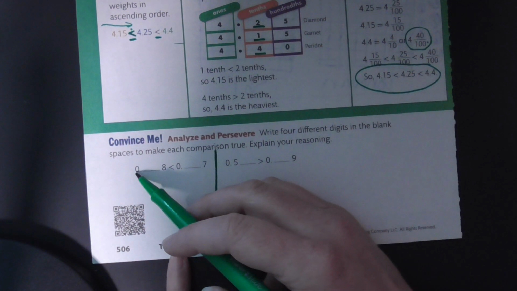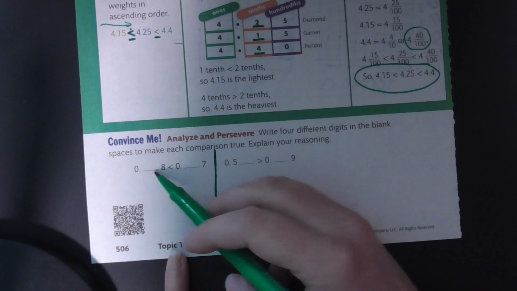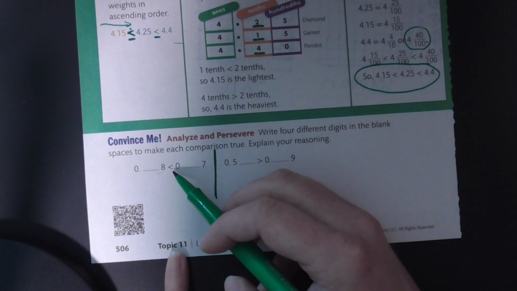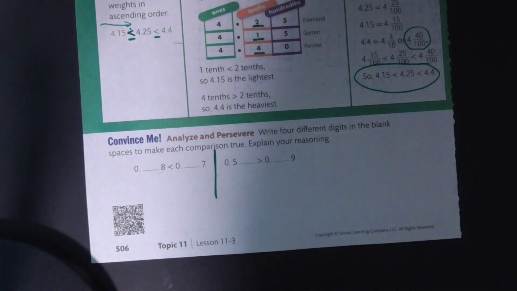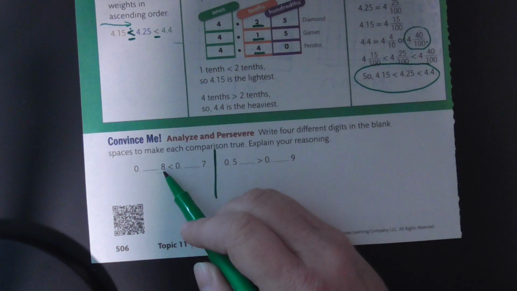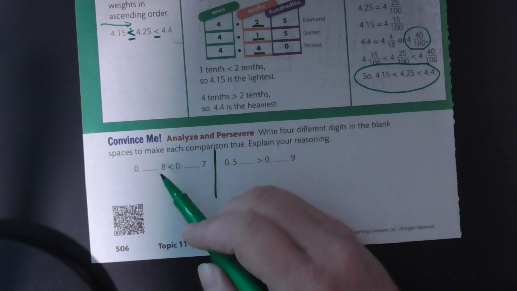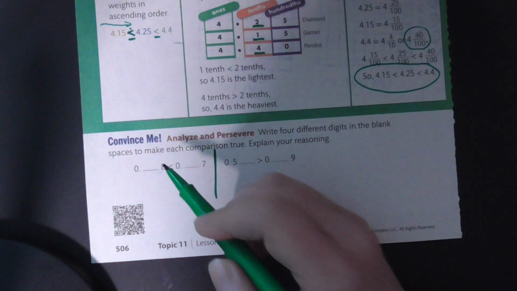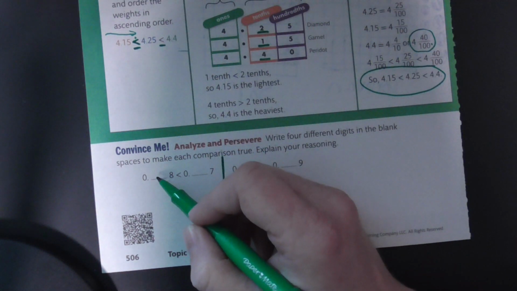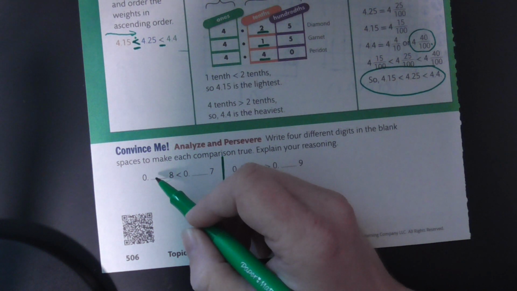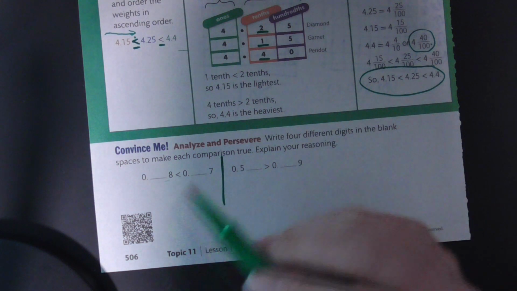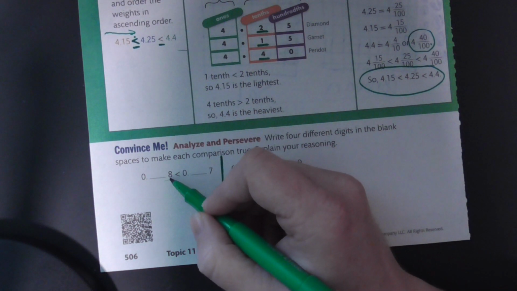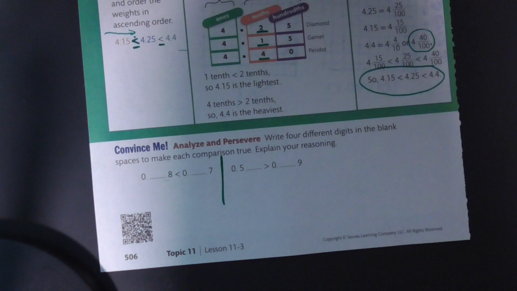So I have 0 point something 8 is less than 0 point something 7. Well, 8 is greater than 7, but we need it to be less than, that tells me that whatever number I have in the tenths place has to be less than this number. They cannot be the same. Otherwise, we would use the 8 and 7 to compare.